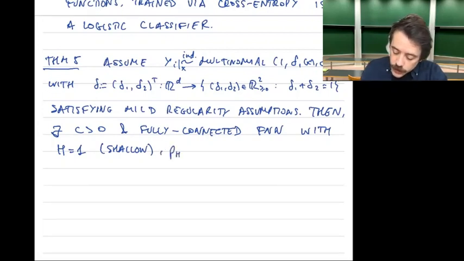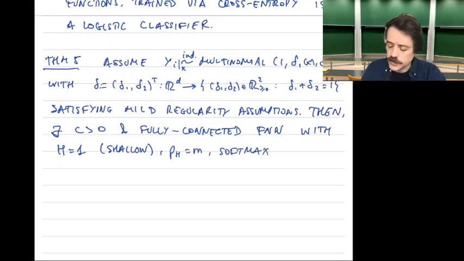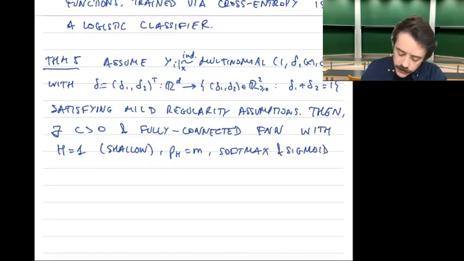And in which we take this P capital H to be M, just for simplicity. It has softmax activation, this is an output function, sigmoid activation function.